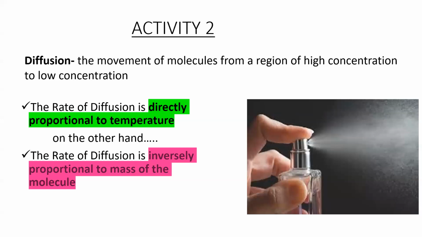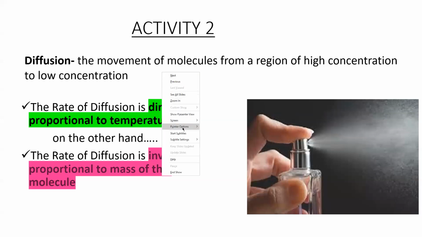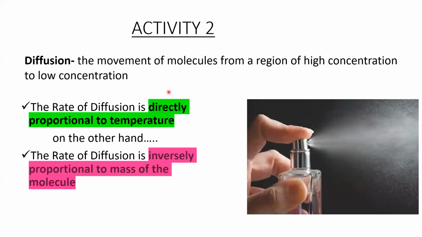Okay, so there's some concepts that you need to understand for the next activities. You're going to need to understand diffusion. Diffusion is the movement of molecules from a region of high concentration to low concentration. There are a few factors that can affect the rate of diffusion.